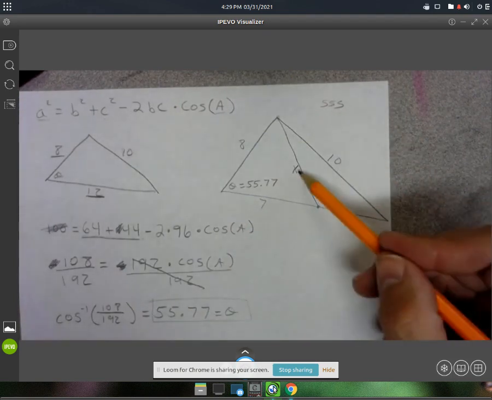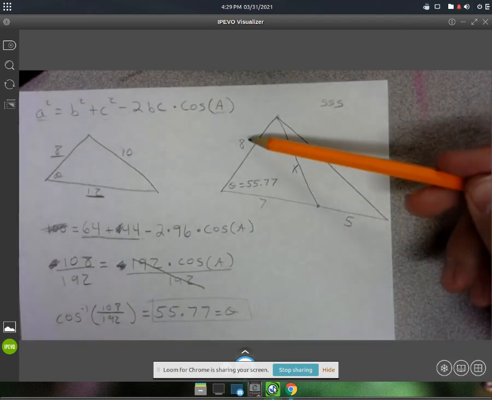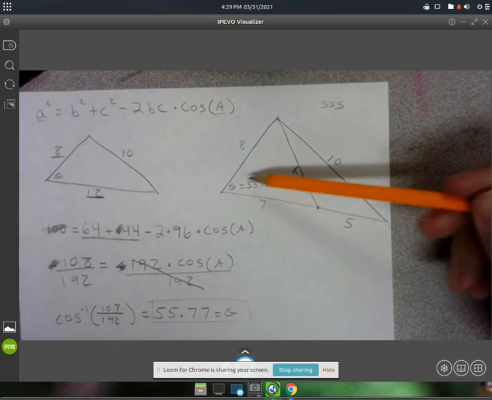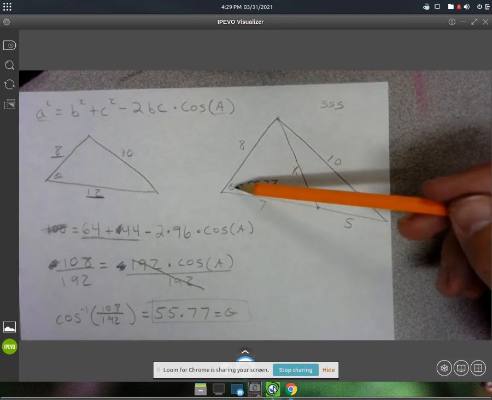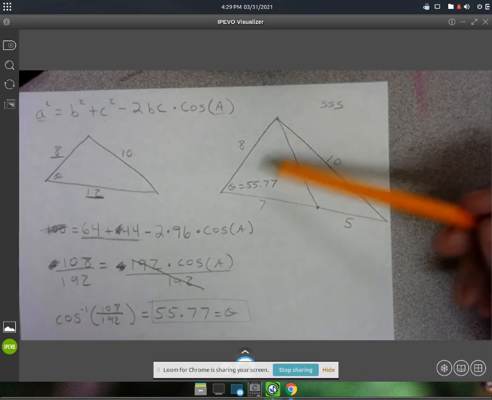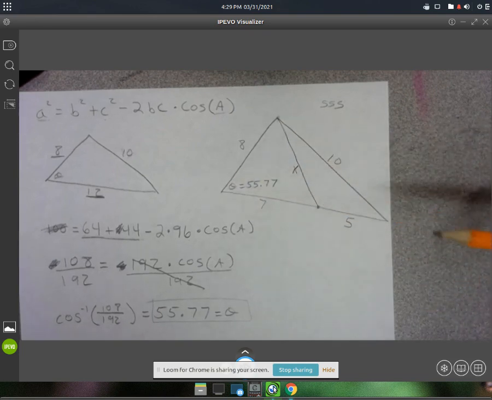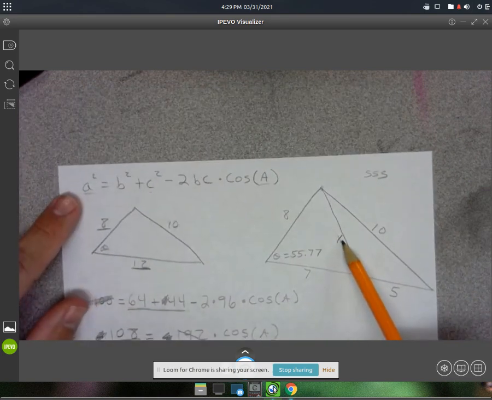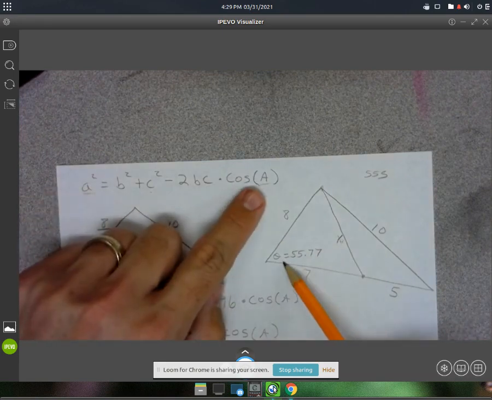Well, now I can solve for X because I have side, angle, side. That way I'm going to be able to solve for the side that's across from theta. No, not the 10. I already had the 10, this X. So now I'm looking at the tiny triangle. I can let x be my missing side, and the angle that's across from it is going to be my theta here.